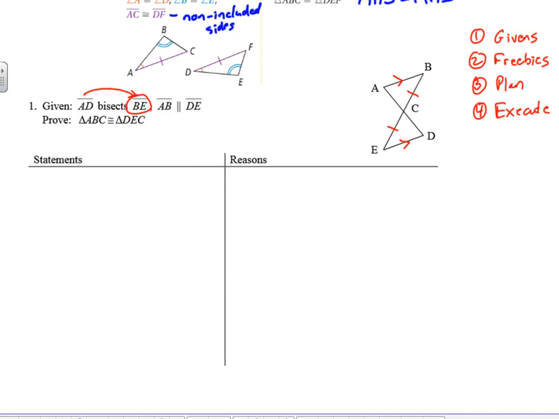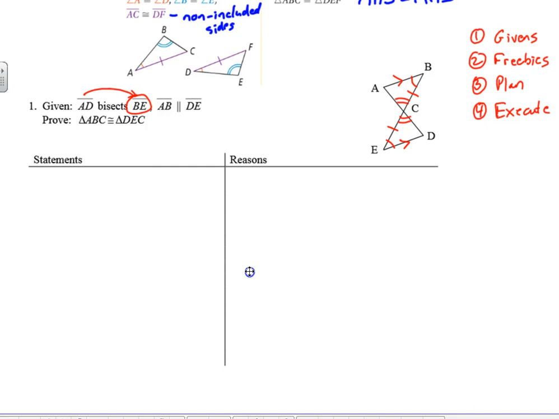And so we could say that angle B and angle E are congruent because they're alternate interior angles. We could also say angle A is congruent to angle D, or with our freebie, we could notice that we have congruent vertical angles.